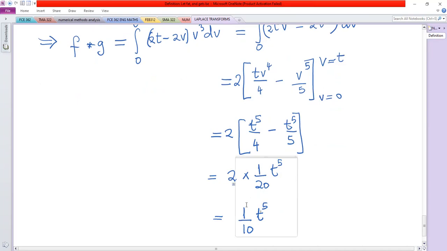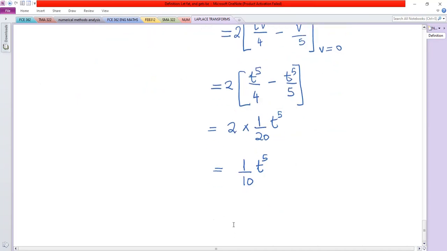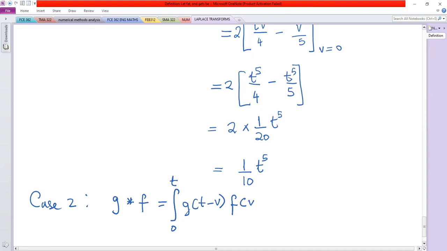Now case 2, the other way around, we define g convoluted with f. By definition, it will be given by the integral from 0 to t of g of t minus v times f of v, dv.